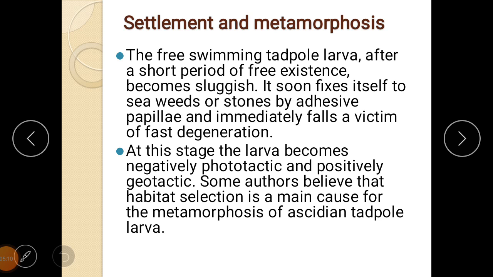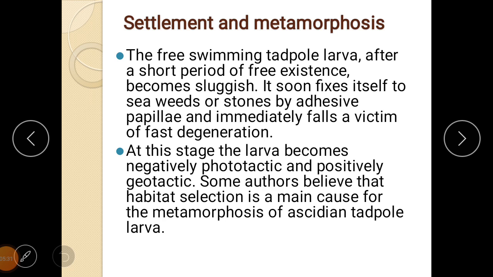Before going to the metamorphosis, there are certain changes that happen, which we call settlement and metamorphosis. Settlement is nothing but the free swimming tadpole larva, after a short period of free existence, becoming sluggish. It soon fixes itself to seaweeds or stones by adhesive papillae and immediately falls victim to fast degeneration.